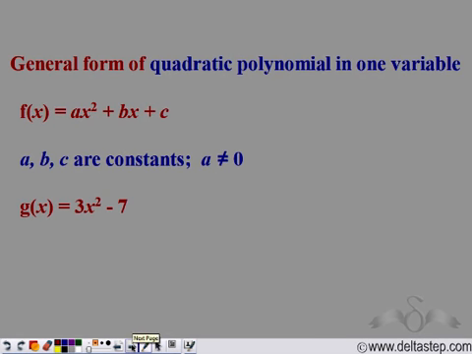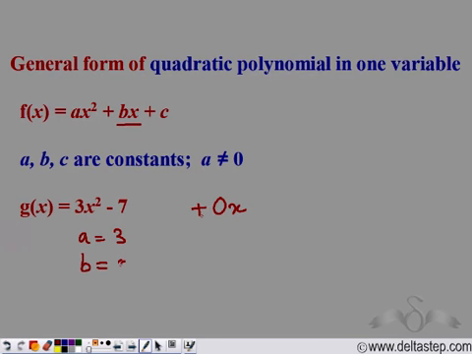Now this is a quadratic polynomial, 3x² - 7. So compare it to the general form. a is equal to the coefficient of x², which is 3. What is b? b is the coefficient of x, but we do not have any x term here. So we can consider a 0x to be added. So the coefficient of x is actually 0.